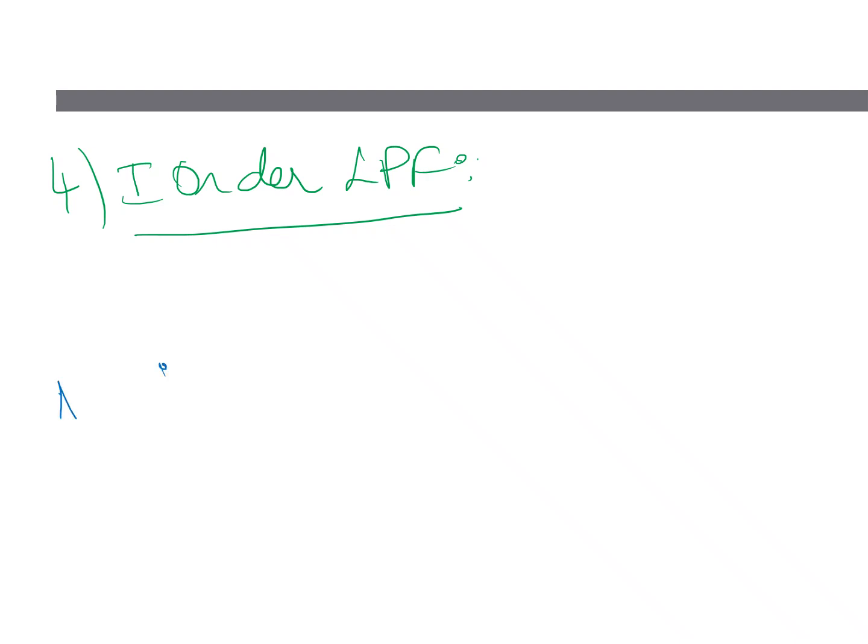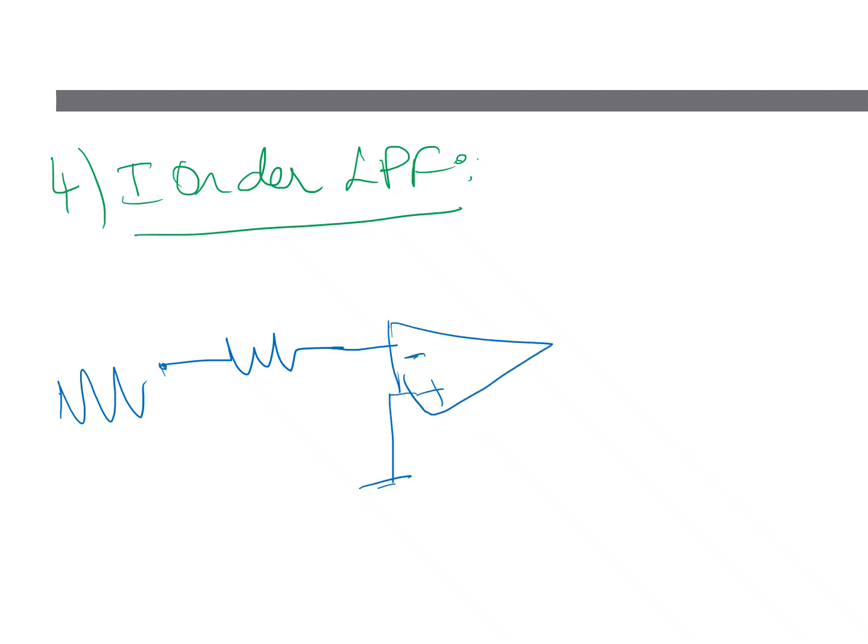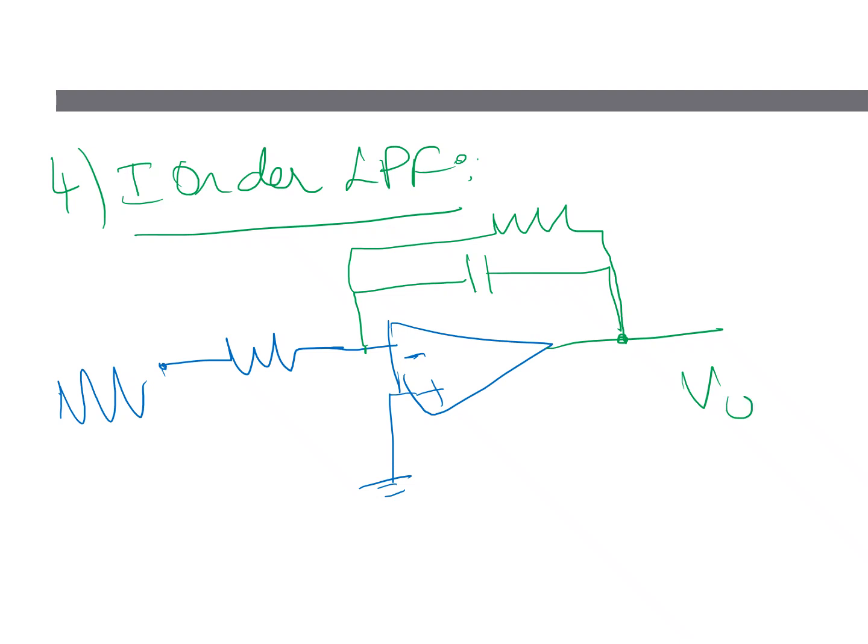The input signal is fed to a resistor. The other end of the resistor is fed to the inverting terminal. The non-inverting terminal is grounded. The important elements of the circuit are connected: the output V0, R and C, and the input voltage.